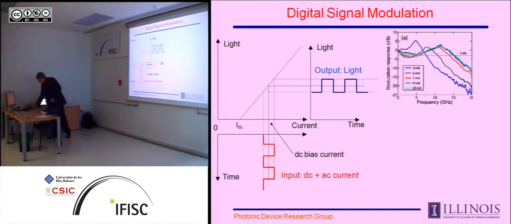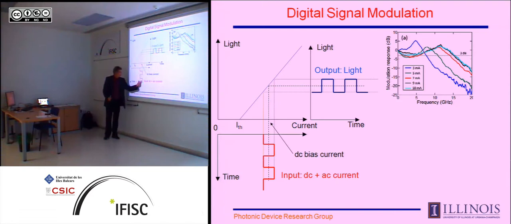Now, if we were to characterize this laser source and we wanted to see how fast it operates, we would do what's known as small signal modulation. For a fixed amplitude here, we would vary the frequency, and we look at the output intensity, and we divide the output by the input. That would be the so-called modulation response.